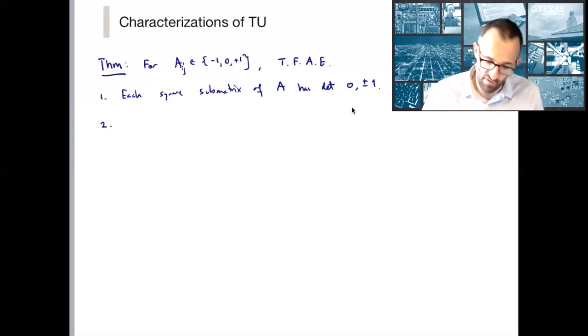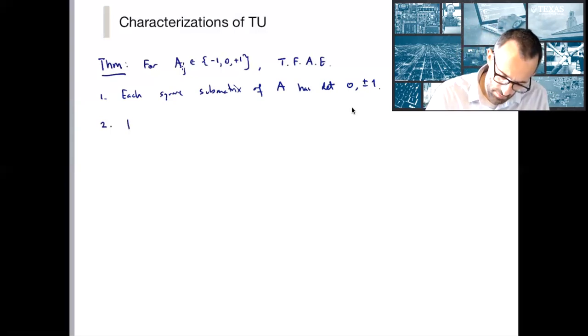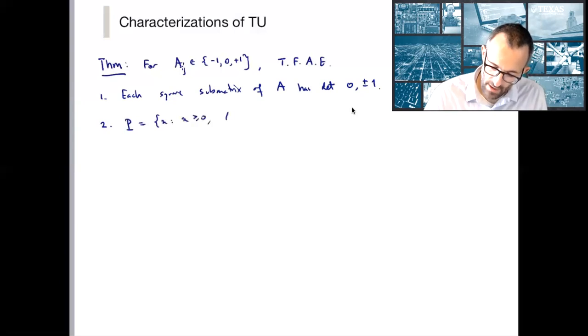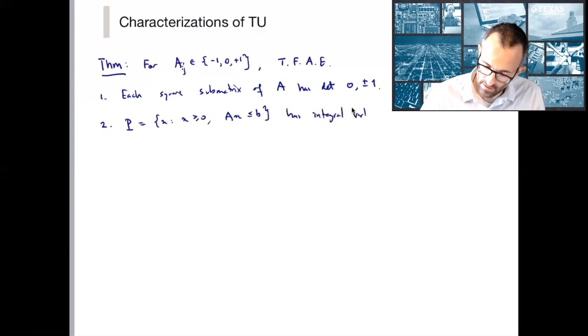This is equivalent to the following. The polytope, or polyhedron, I'm not assuming it's bounded, x such that x is non-negative and Ax is less than b, has integral vertices for any integral b.